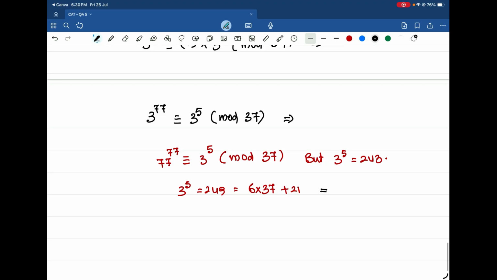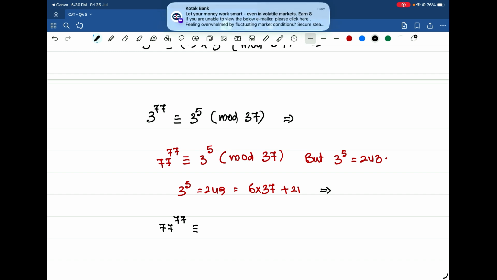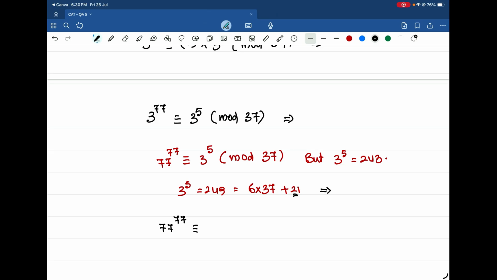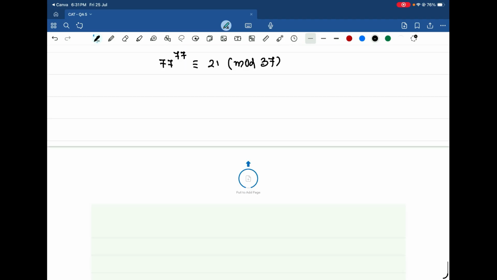This implies 77 to the power of 77 is equivalent to... because 21 is the remainder and the rest is a multiple of 37, 243. Instead of 3 to the power of 5, we will replace it with the remainder 21 mod 37. What are the three equations we have got?